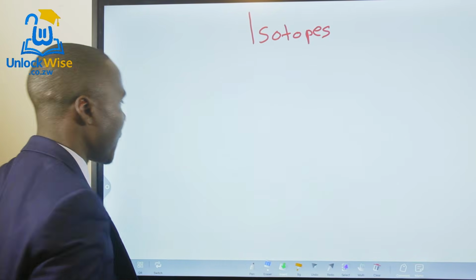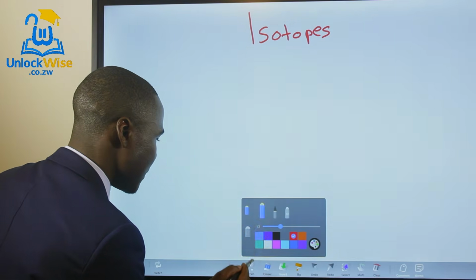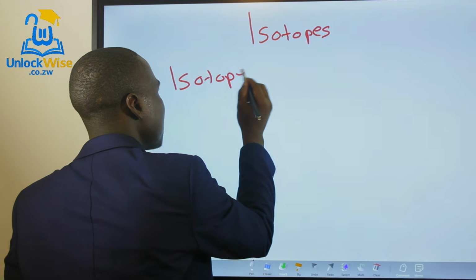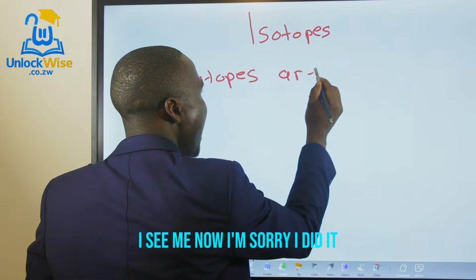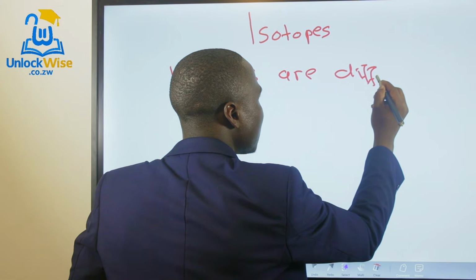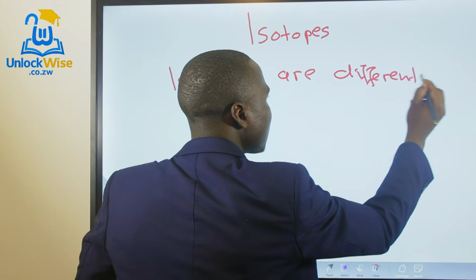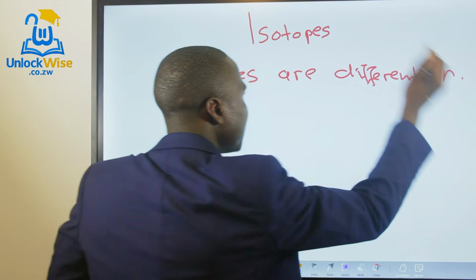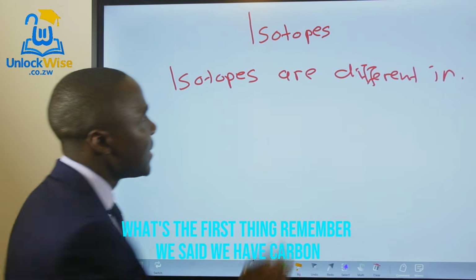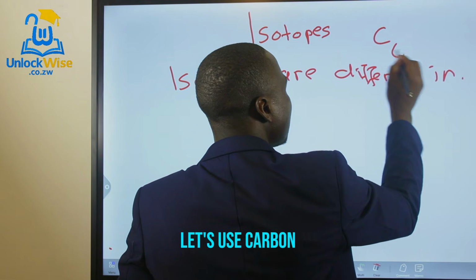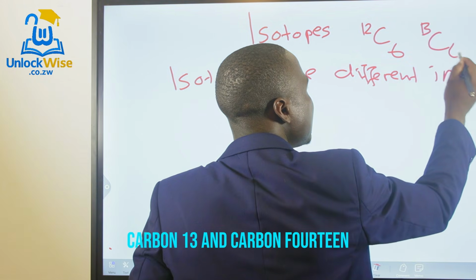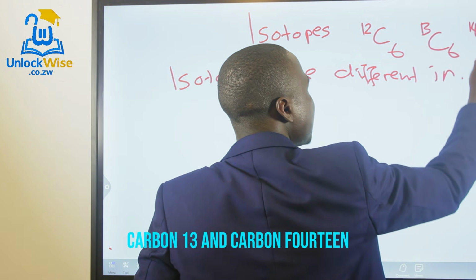Now, isotopes are different. That's the first thing. Remember we said we have carbon, let's use carbon 12, carbon 13, and carbon 14.